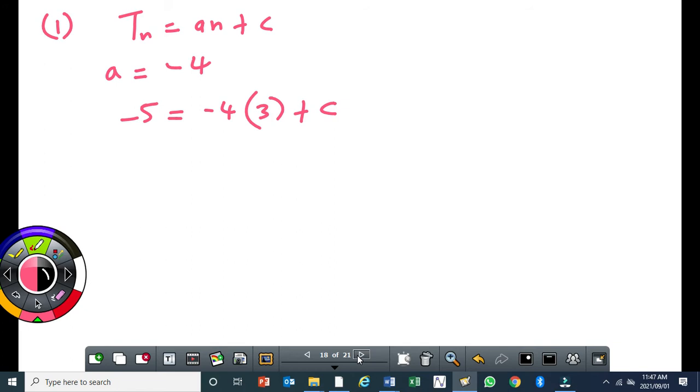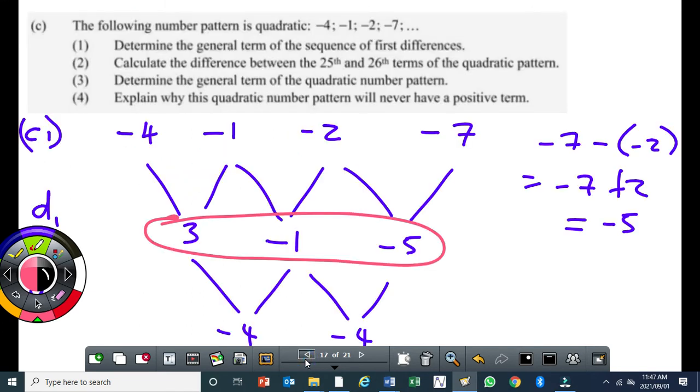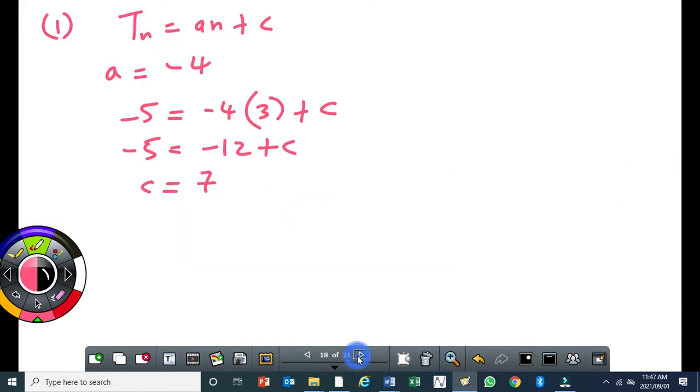I chose -5. Then you simplify it here. So let's say you use -1, you use 2 instead of 3. If you use -1, then you put n equal to 2, and you still say -4. Yes. The common difference doesn't change. Are you following that? Yes. Okay, so we have got C.